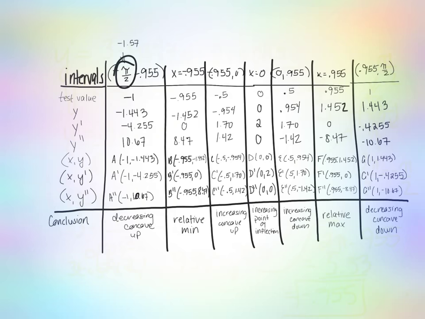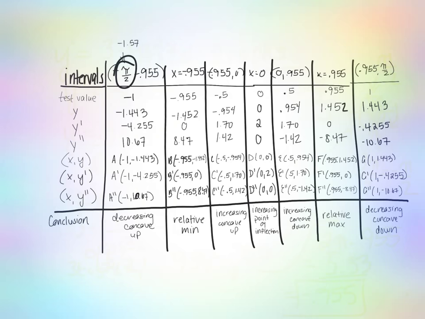But since pi over 2 and negative pi over 2 are not included, you technically don't need asymptotes. Now I put them on the graph just so you can see that the graph doesn't keep going past that point, because it does have a limit. But since it's not included, you don't have to put it in your chart and your graph. So there's no x equals negative pi over 2 and no x equals pi over 2.